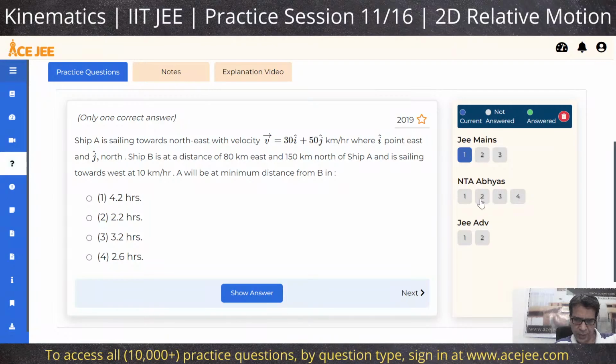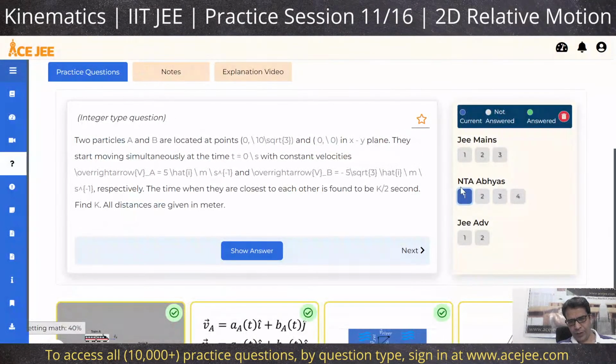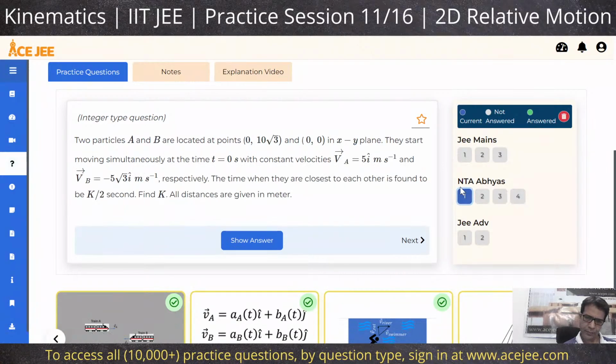Let's move on. Let's quickly see what the NTSE has in there for us. Let me just quickly check to see if this problem is going to give us anything different. It says two particles A and B are located at points this and this in the xy plane. They start moving simultaneously at time t equals 0 with constant velocities this and this respectively. The time when they are closest to each other is found to be.